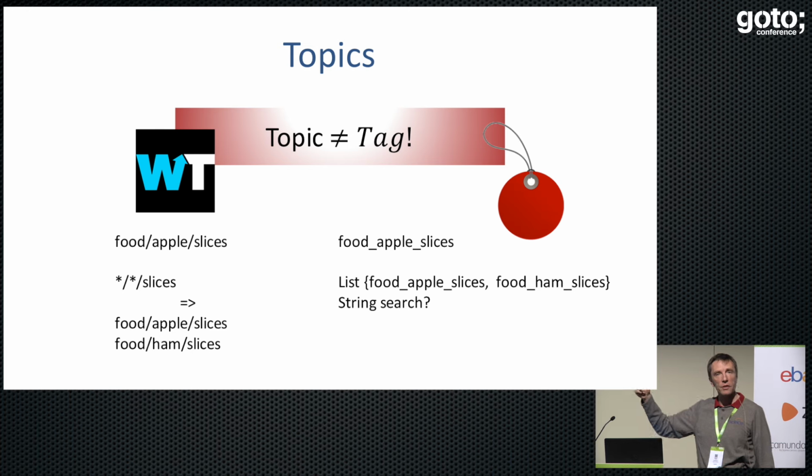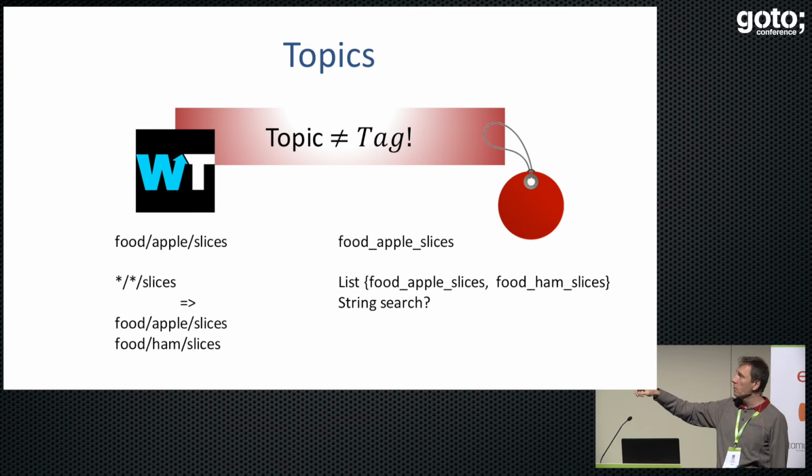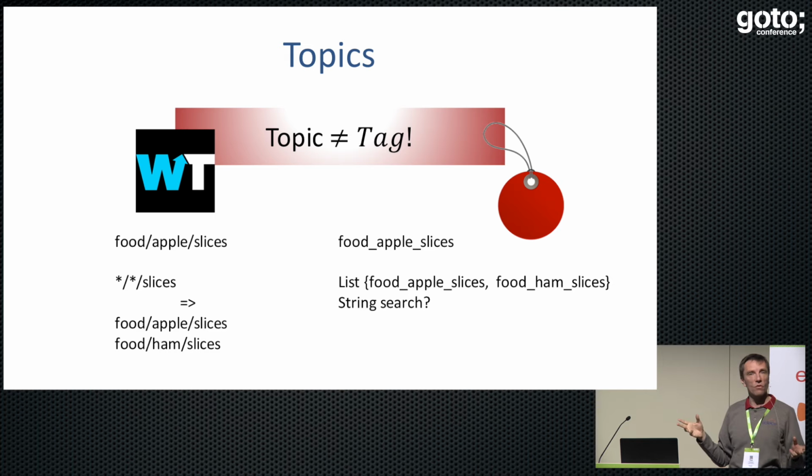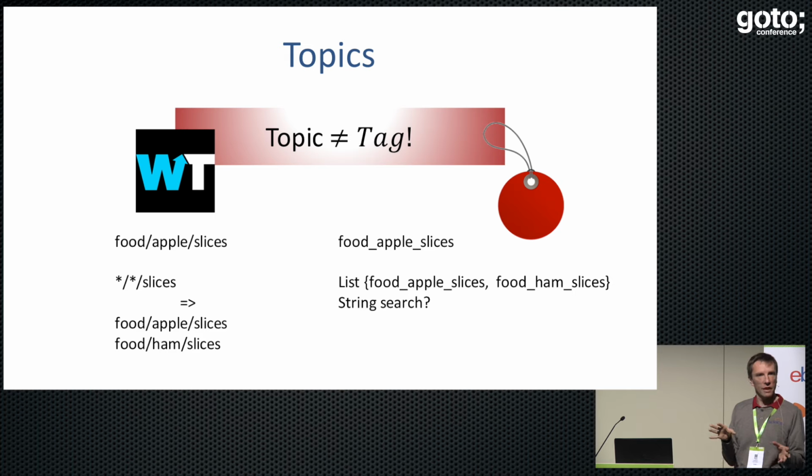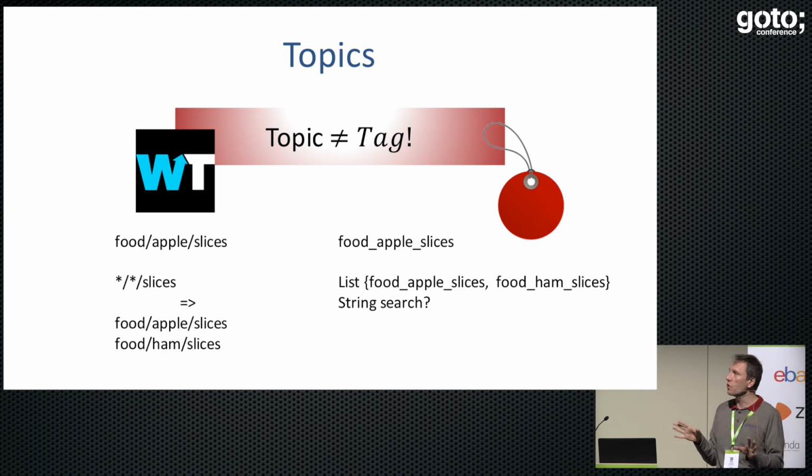Okay, well, maybe we could do a string search. That's a good idea. What we can do is go along to the end of the string and look for the word slices. Well, that's okay, but the problem is you've generated a dependency on the exact structure of the tag. You now have a structured tag, effectively. It's just that you're using string searches to find that structure. And then there's another problem too.